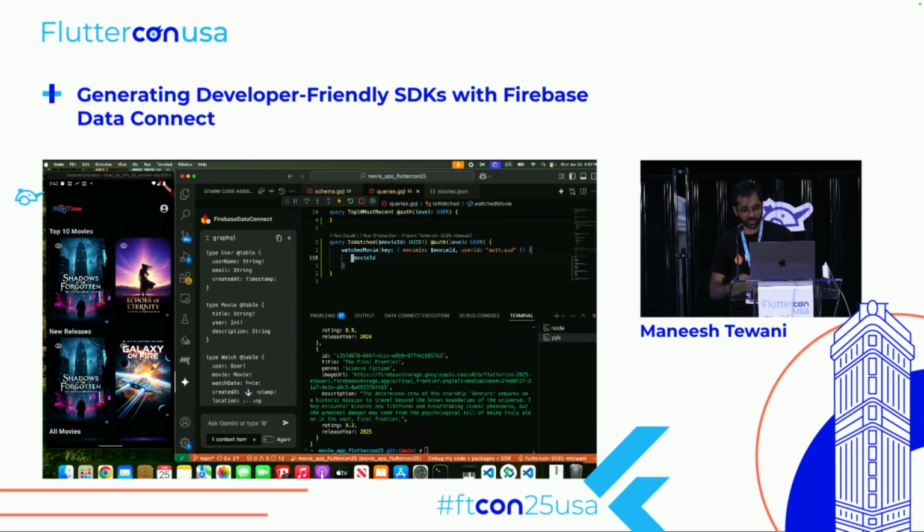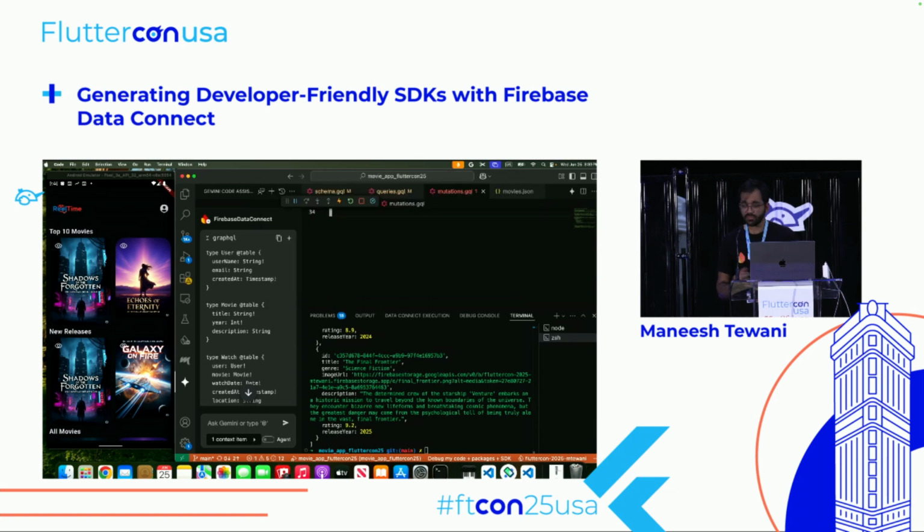So all of this is great. We just need to write some mutations next. What mutations do is they modify your database. We want to modify the database so that whenever a user clicks on the favorite button, we toggle the watched property to true.